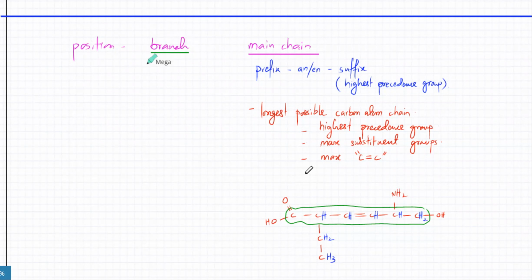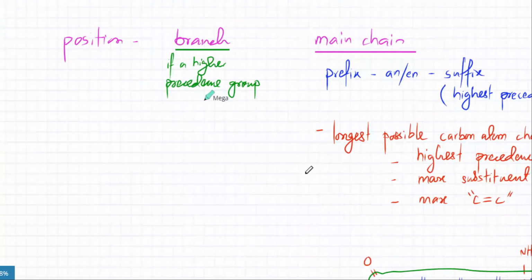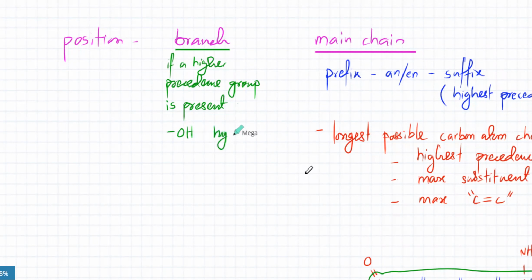This is conditional: if a higher precedence group is present, then we already discussed that OH becomes hydroxy, and NH2 would become amino.